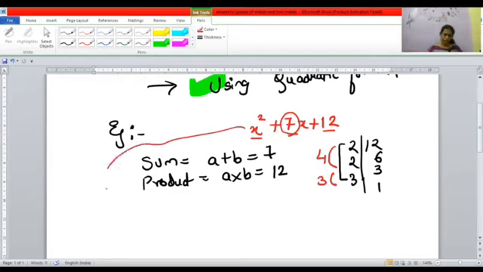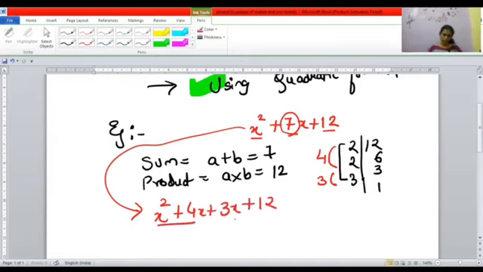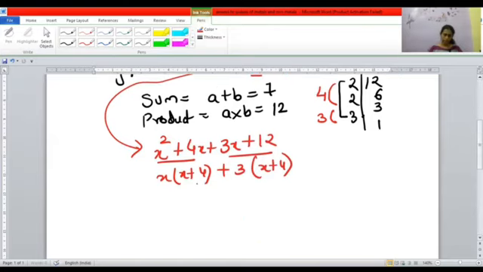So I'm going to write this equation here: x square plus 4x plus 3x plus 12. Take common, x into x plus 4 plus 3 into x plus 4, right? Then you write x plus 4 once and then x plus 3.